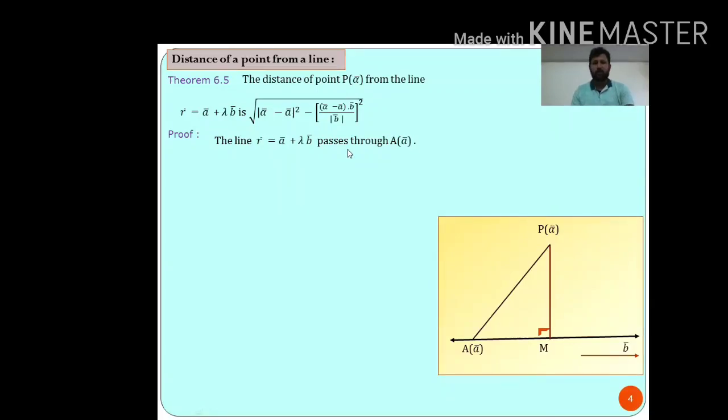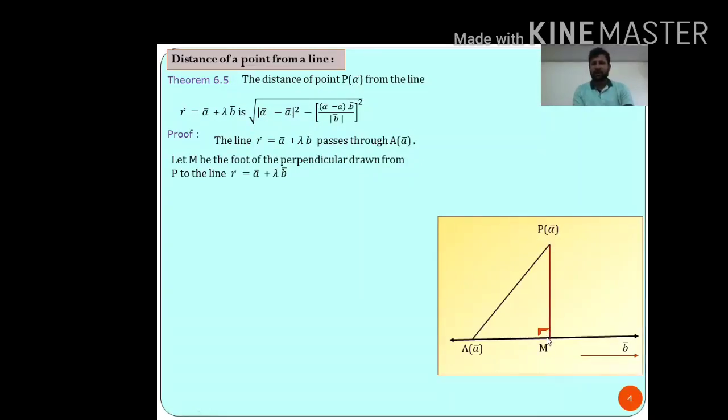It passes through point A of A bar. Let M be the foot of the perpendicular drawn from point P on this line.